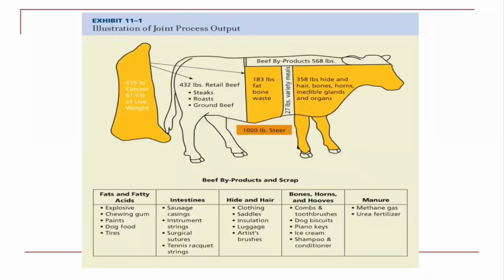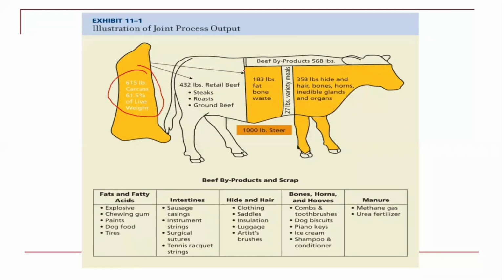And one way to illustrate yung joint process output is itong baka na to. Yung baka na yan, meron siyang 615 pounds na carcass, which is 61.5% of live weight.